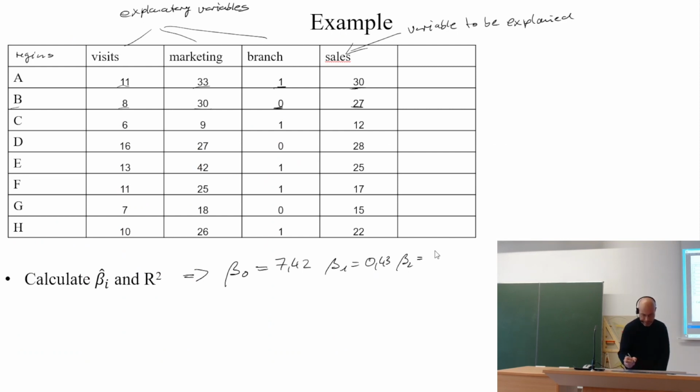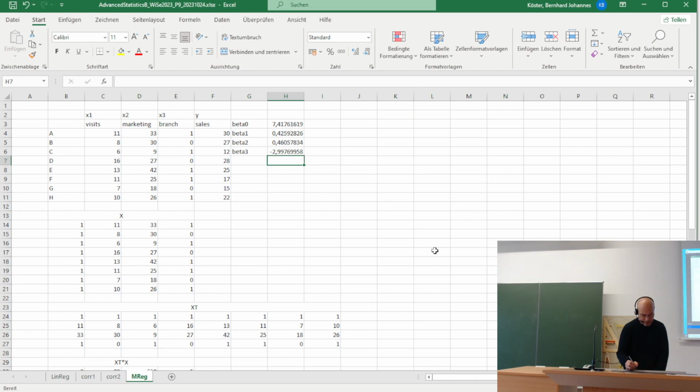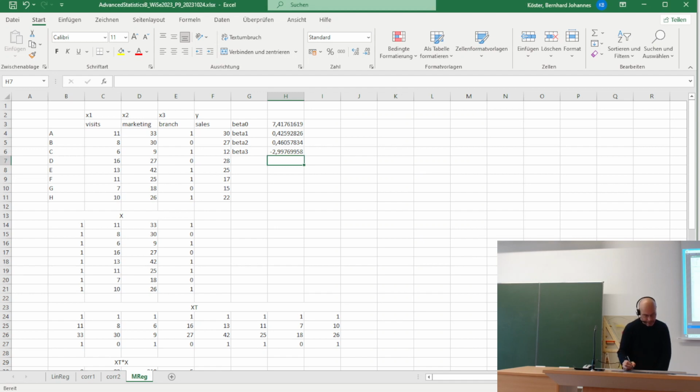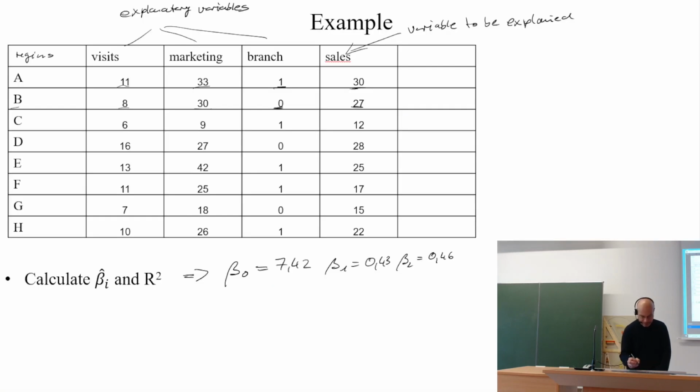Beta 2 equals 0.46. And beta 3 equals minus 3.00.